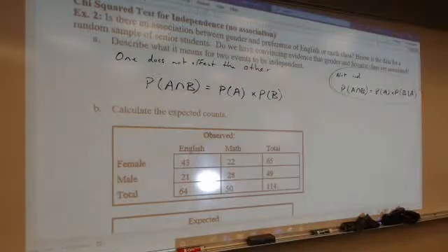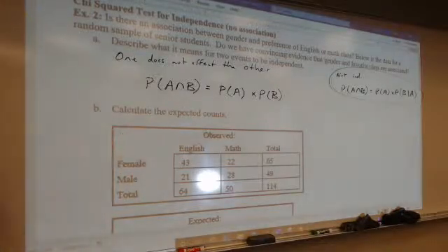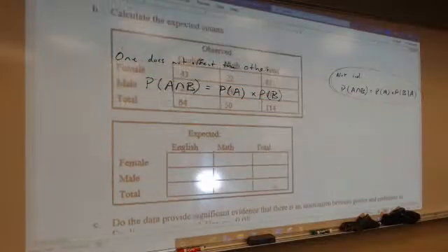All right, so here is what we have found. We have found our observed data. And now we have to figure out what would be the perfect distribution of this data if it was perfectly independent. All right, so now comes a little bit of calculation.